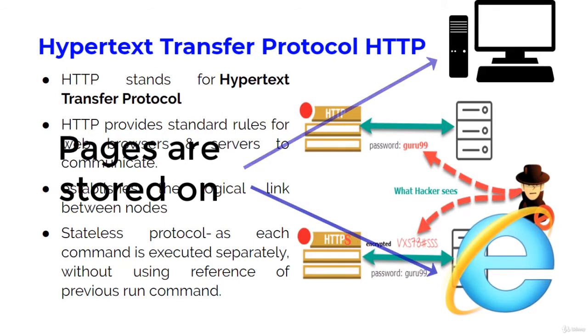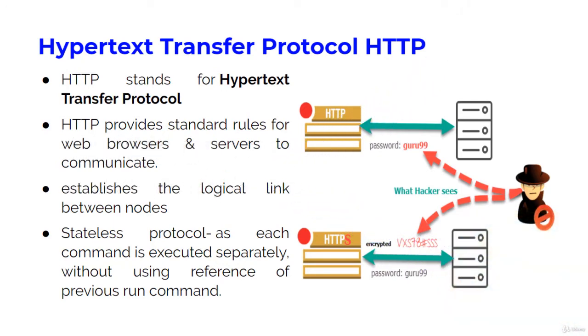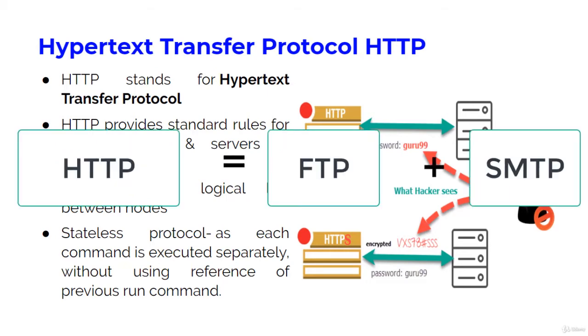The pages load faster, but they are stored on systems that you don't potentially have control over, like ISPs' caching proxies. HTTP server is implemented by Apache HTTP Server, Microsoft IIS, Jigsaw, Zope, and many others. HTTP functions as a combination of FTP and SMTP.